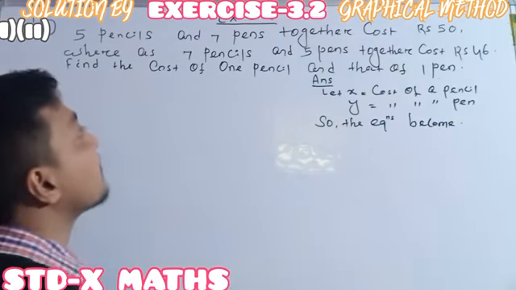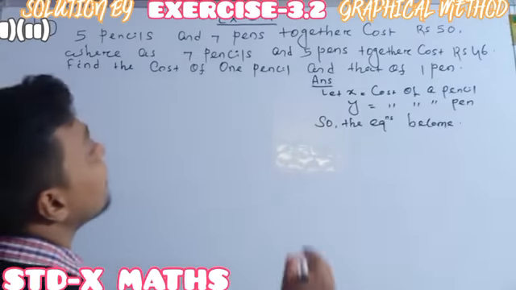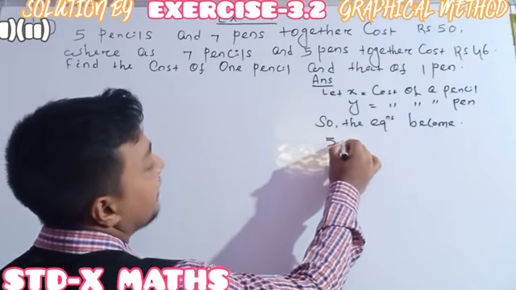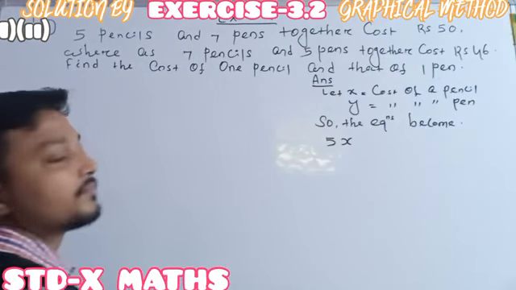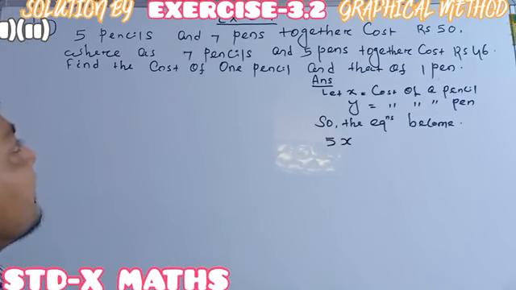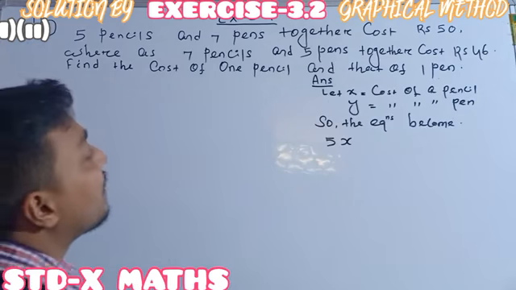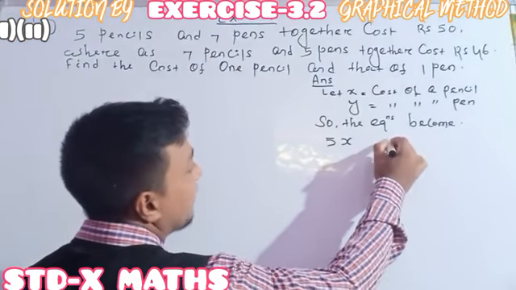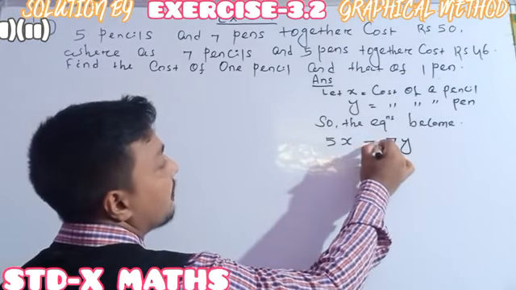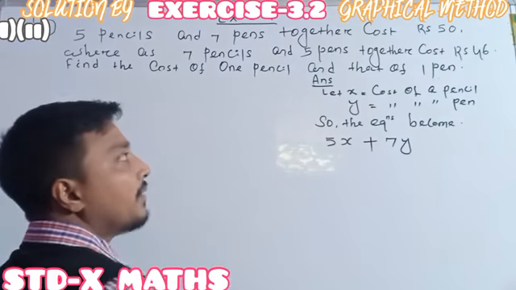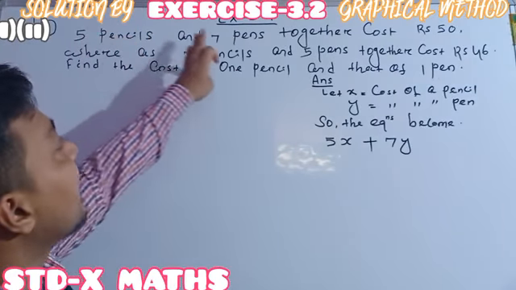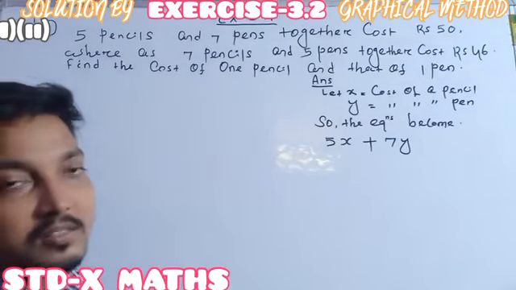See, in the first equation, 5 pencils, 1 pencil cost equal to x, so 5 pencils cost 5x. And in the next, 7 pens, 1 pen cost equal to y, so 7 pens cost 7y. So together the cost equals 5x plus 7y. But here it is given that the together cost of 5 pencils and 7 pens is rupees 50.